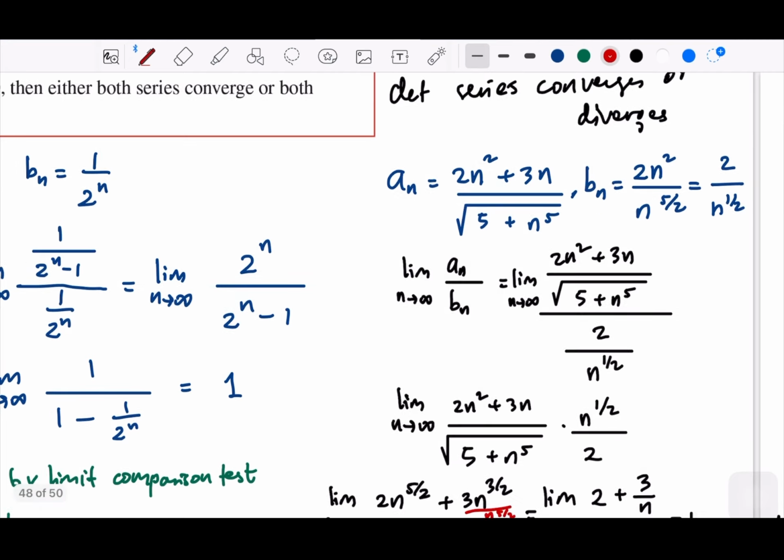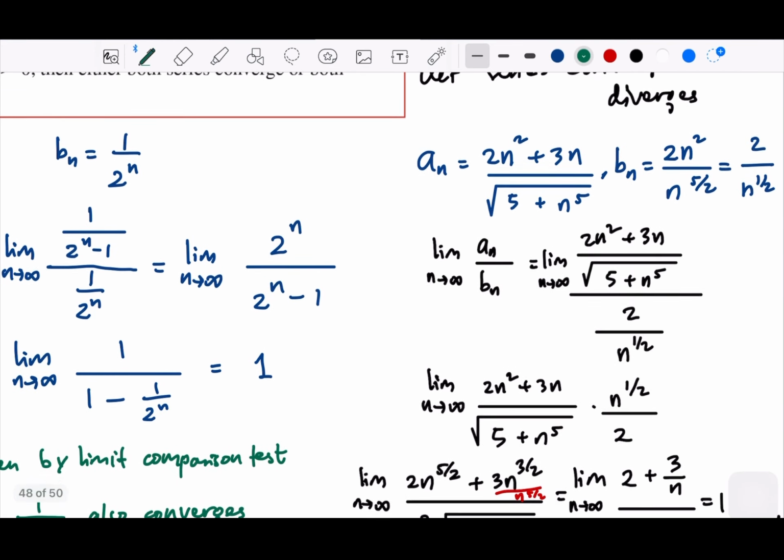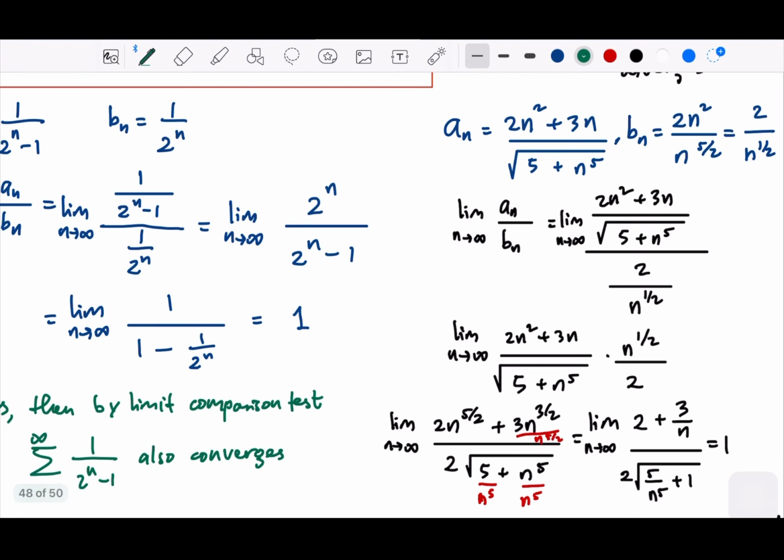So this means, I think I will write here. I don't have space. Let me resize a little bit.